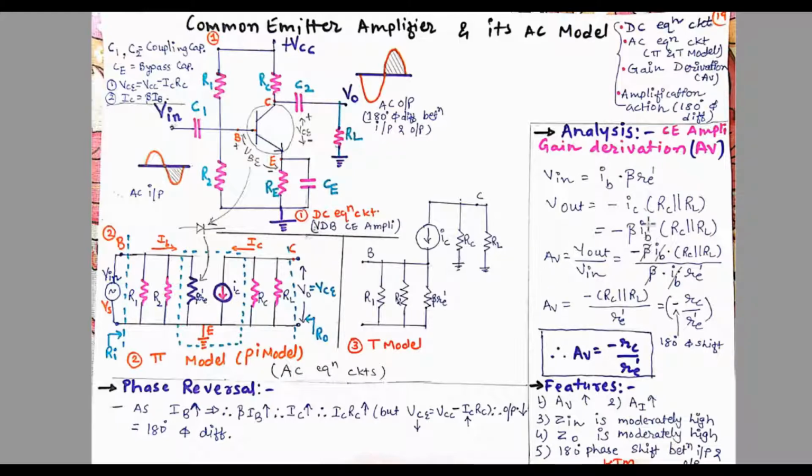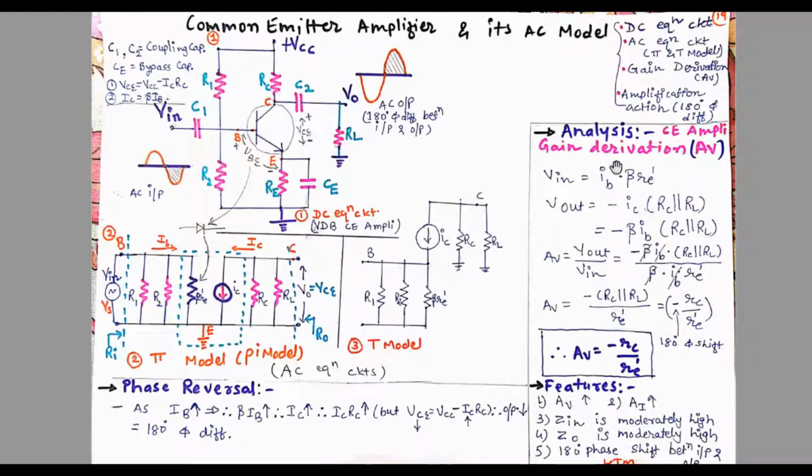Now IC equals beta IB, that we all know from the basic formula. So just put IC equal to beta IB, and put these two values of V out and V in into the main formula of voltage gain: V out upon V in is equal to minus beta IB into RC parallel RL upon beta IB into Re dash.